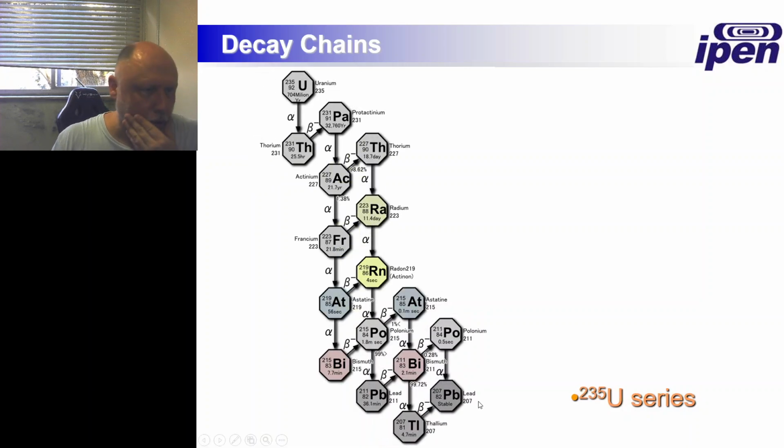And the other decay chain is that of uranium-235. Half-life a lot smaller than the previous ones, but still too large, 700 million years. This decays, if you take a look, also going down, everything with much shorter half-lives.